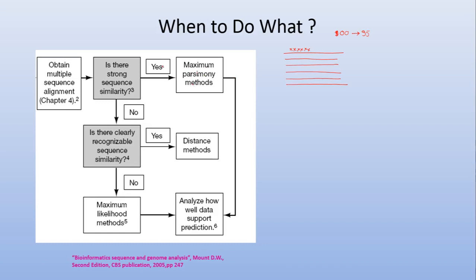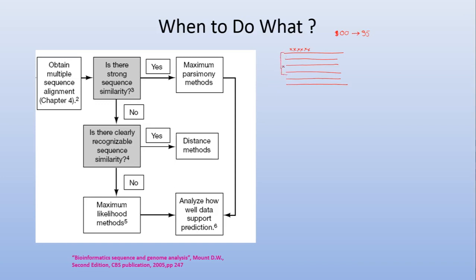If you get a negative answer to this question, that there is no strong sequence similarity observed in your multiple sequence alignment, then you ask yourself another question: is there any clearly recognizable sequence similarity? Are you in a position to recognize that, of these 5 or 10 sequences, certain sequences are similar?